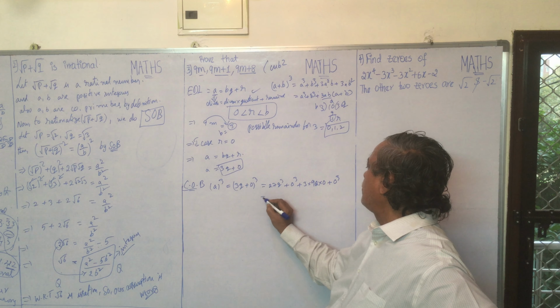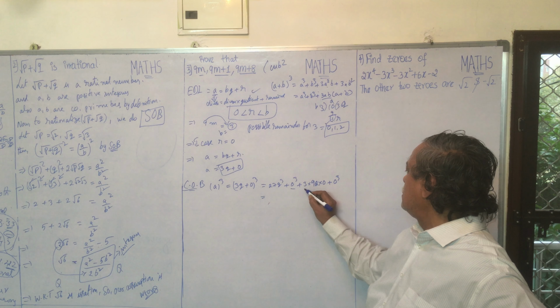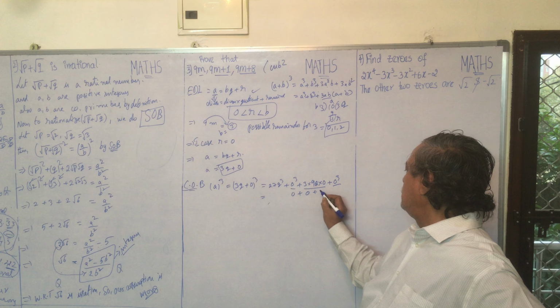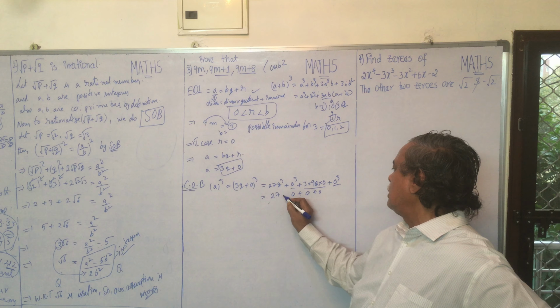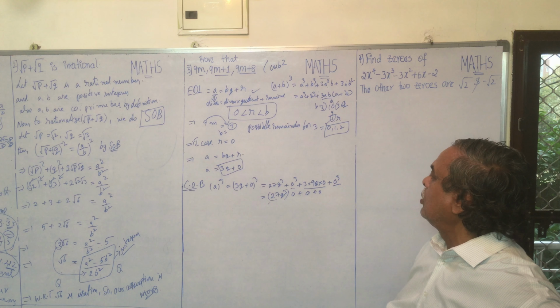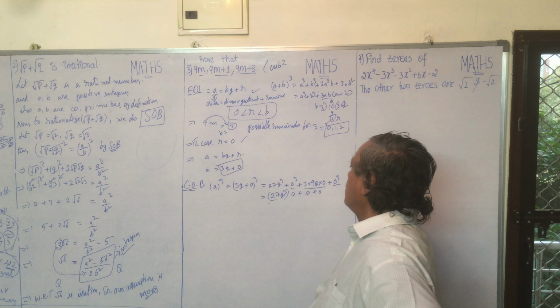What is left here? This is 0, this is also 0, this is also 0. So 0 plus 0 plus 0, and this is equal to 27q cube. This is case 1: if the remainder is 0, we get 27q cube.